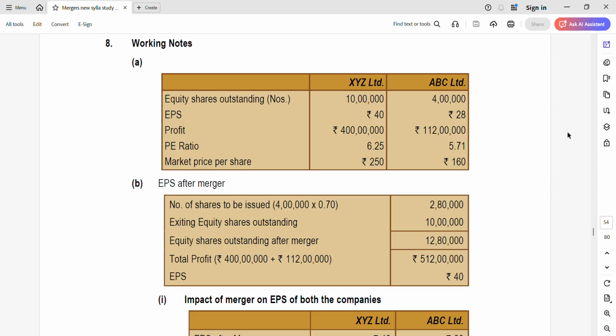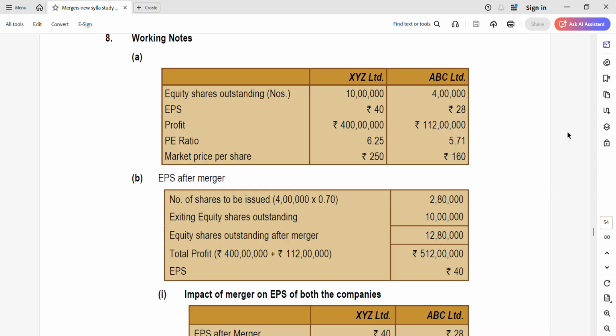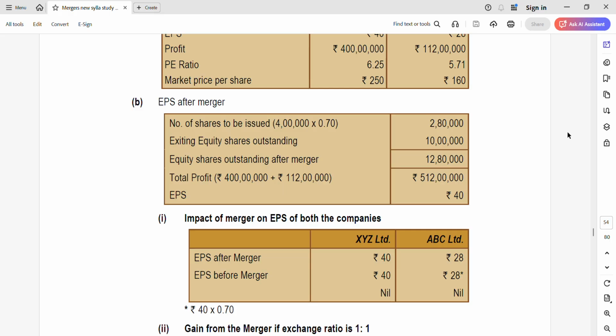Existing shares are 10 lakhs, so if you add both, you get 12,80,000. Total profit is 4 crores plus 1.12 crore, which gives 5 crore 12 lakhs. EPS is rupees 40.